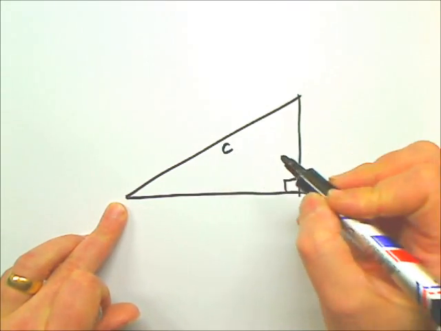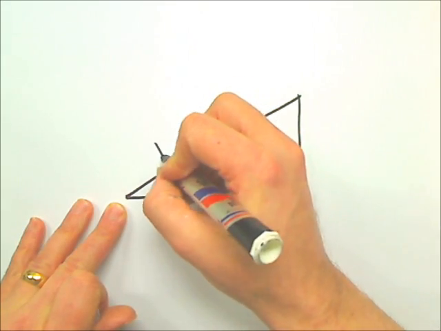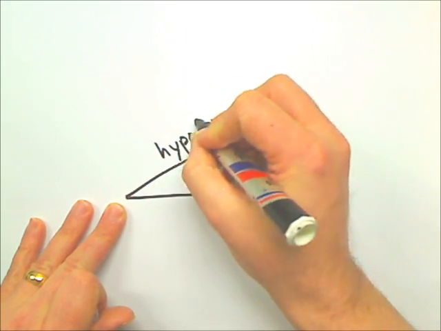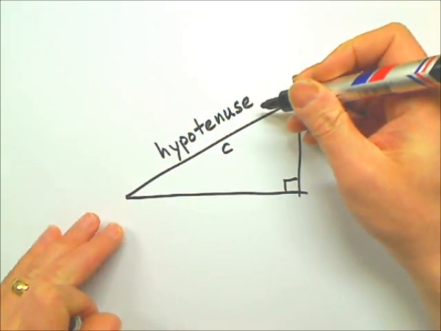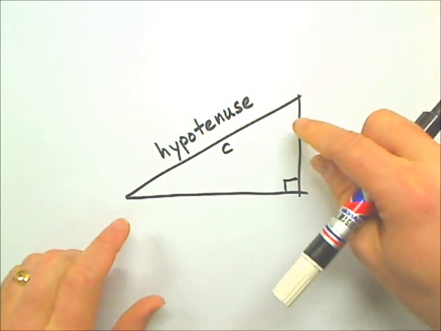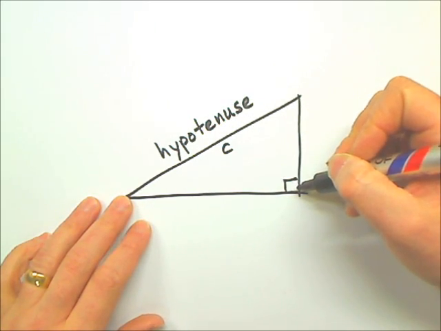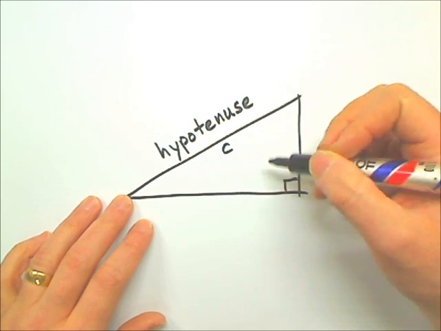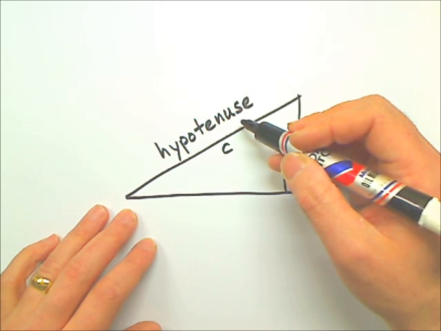This C that we've been talking about so much has a special name. It's called the hypotenuse. And the hypotenuse is a short way of saying it's the side of the triangle that's directly across from the right angle. Yeah, but it's faster to say hypotenuse. So hypotenuse, we're gonna see that word a lot more.